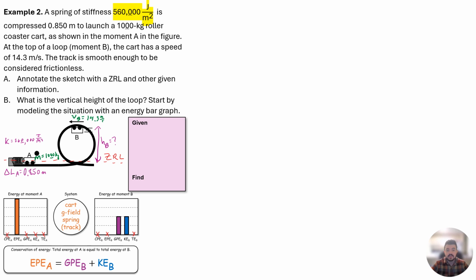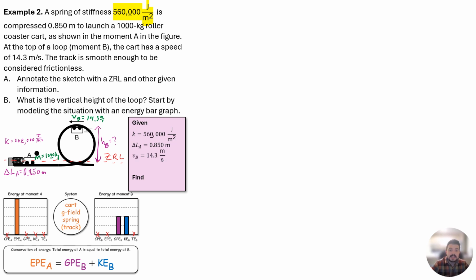So I like to, as always, write down a list of what information I've been given and what information I'm trying to find. Let's start with the given information. I know that the spring constant, the stiffness of the spring, is 560,000 joules per square meter. I know that the spring is distorted. Its length has changed by compressing it 0.850 meters.